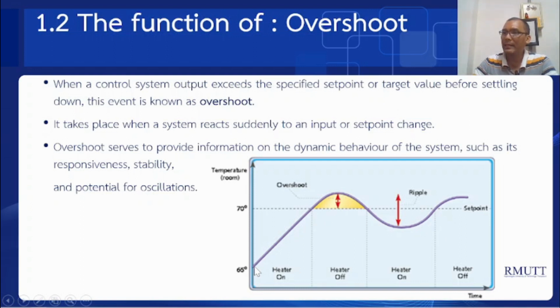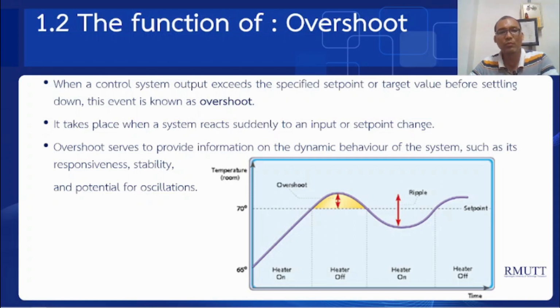The system output exceeds the specified set point. This is the set point, 70 degrees, but it exceeds over 70 degrees. And it takes place when the system reacts suddenly to an input or set point change.